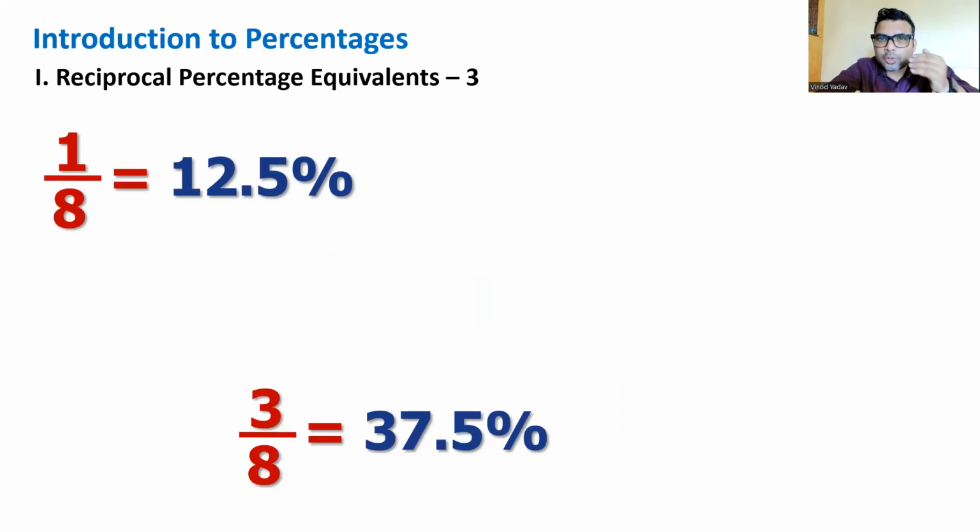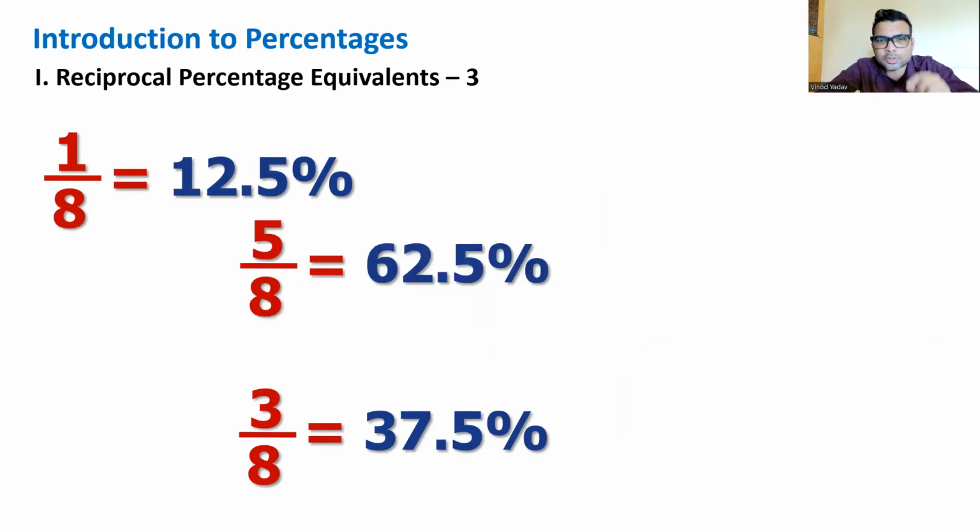So 12.5 into 3, which is ultimately 37.5%. All right. Similarly, 1 by 8 into 5, 62.5%. So 12.5 fives are 62.5. You won't believe these fractions. Remembering these percentages is going to be so helpful to you all. Please stay focused. 12.5 sevens are? 12 sevens are 84, 0.5 sevens are 3.5. So 84 plus 3.5, 87.5.